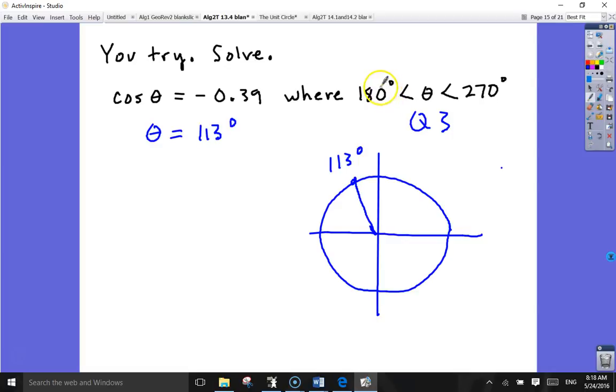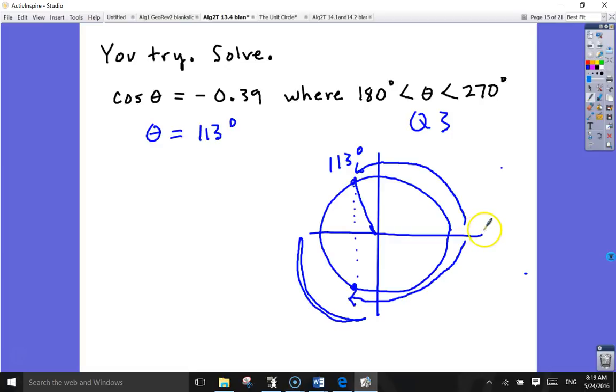But we need the answer between 180 and 270. So that's down here. So how am I going to find that same angle? I'm going to have to go straight down there. So how can I figure out the angle in between 180 and 270? Well, if it was 113 degrees around to there, then what if I go 113 degrees around to there? What would be the math of that? Right, that's 360.